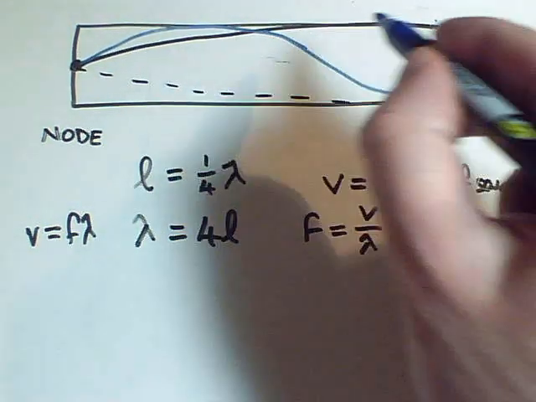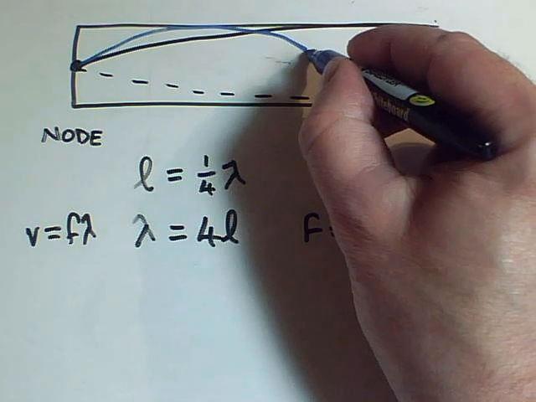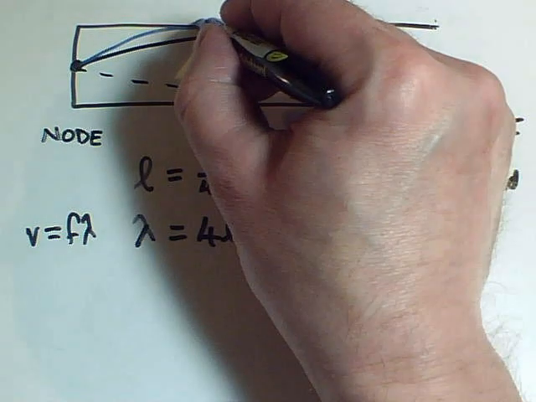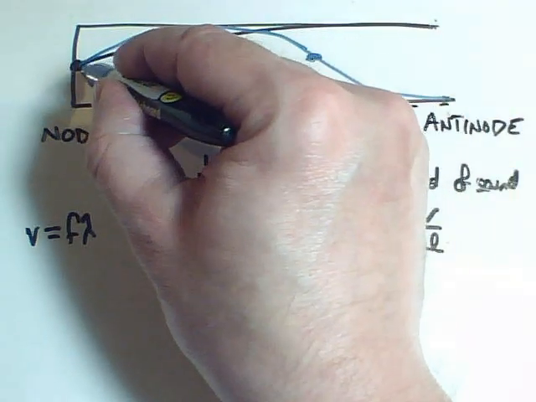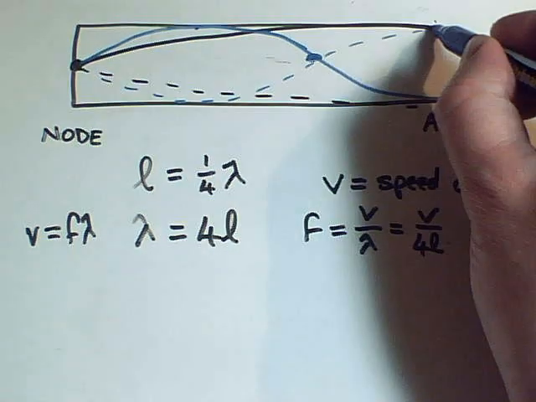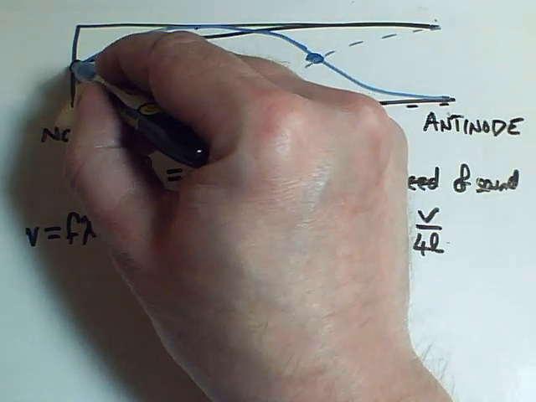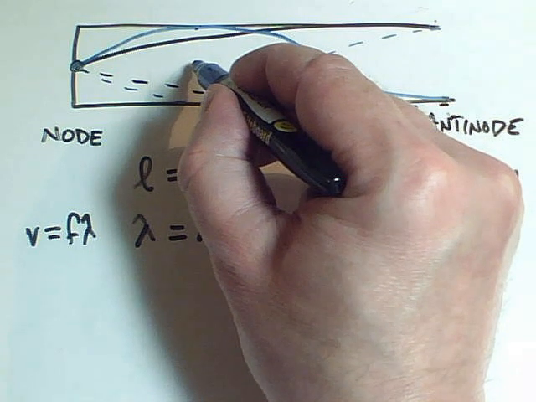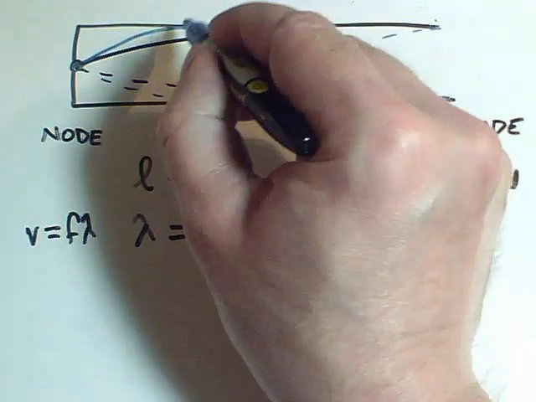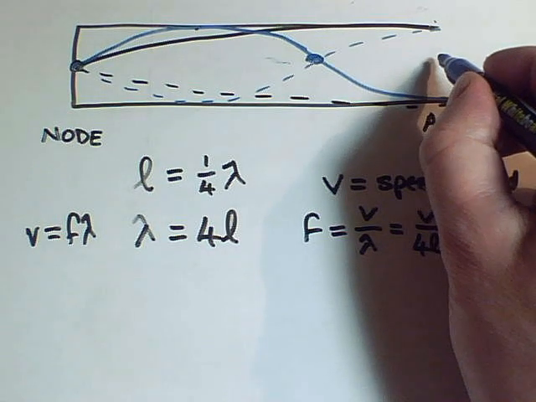You'll see that I have to go via another node here, and that I've got an antinode there, and I'll draw the upside down one as well. So this is staying still, this is staying still, and the air here is vibrating like mad.